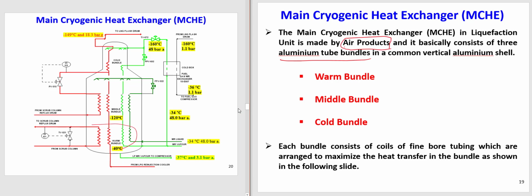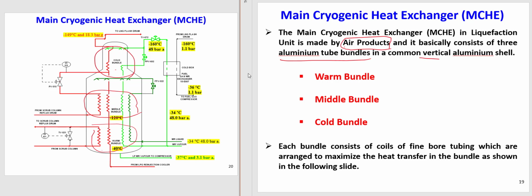This is the first bundle, this is the second bundle, and this is the third bundle: warm bundle, middle bundle, and cold bundle. It has 3 bundles of aluminum tubes inside a vertical aluminum shell. So all these tubes are inside the aluminum shell.